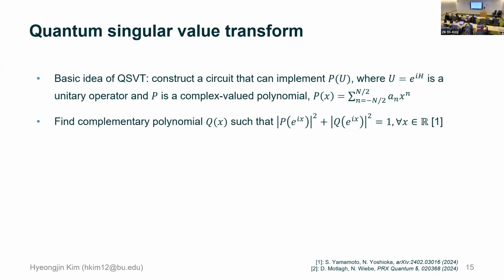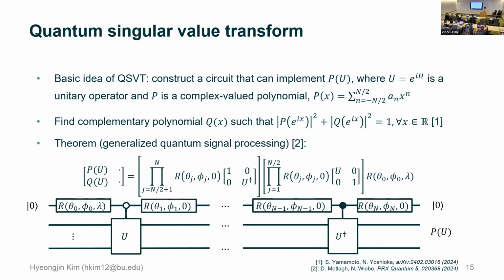To do this, we need to find some complementary polynomial Q that satisfies this condition. We use this paper by Yamamoto and Yoshioka to implement this numerically. Then the basic circuit that does this is based on reference number 2 from the paper titled Generalized Quantum Signal Processing.